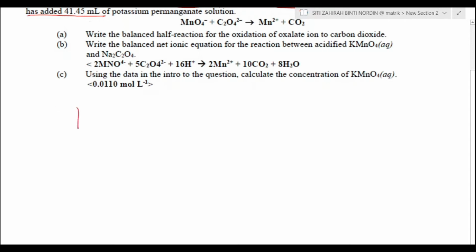So we have a burette with a conical flask.